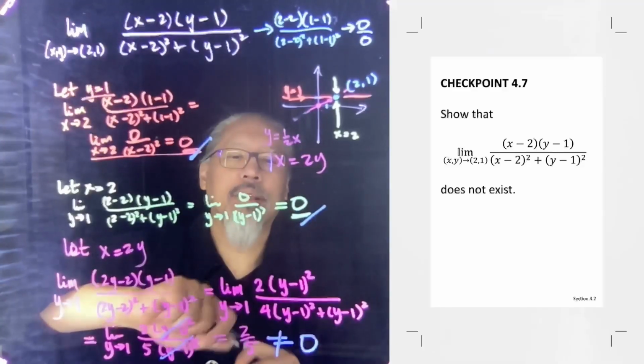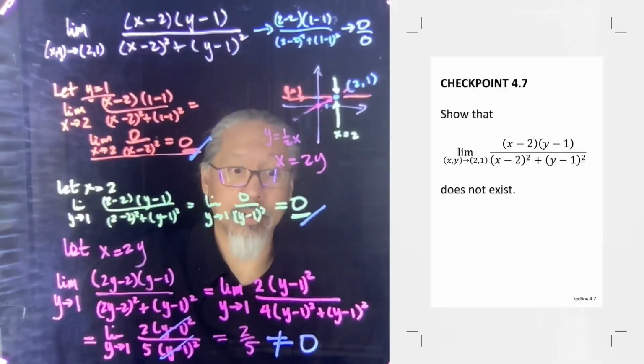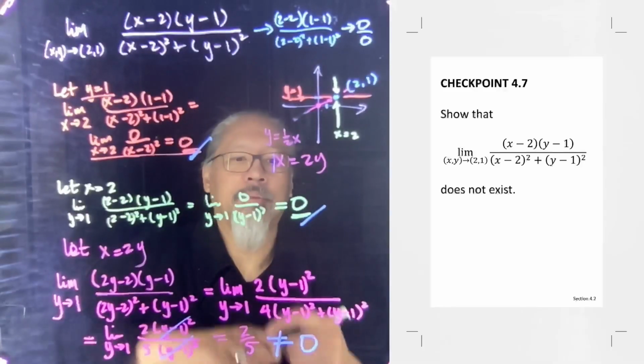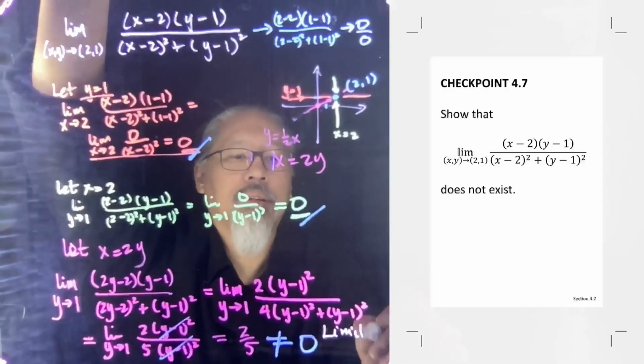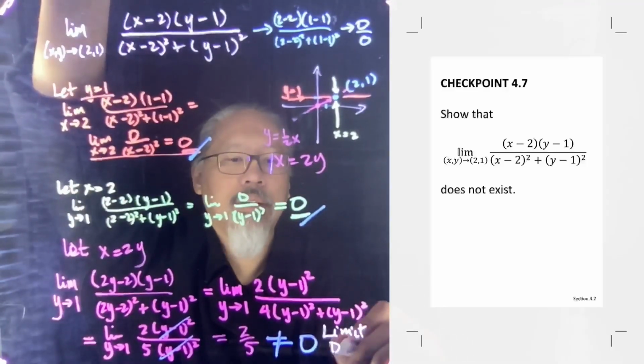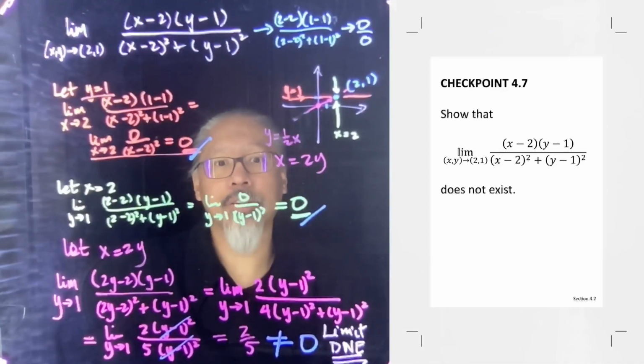So that one path that does not go to 0 says that now the limit does not exist. So that's our conclusion. Limit does not exist, because we have two different values for the limit.